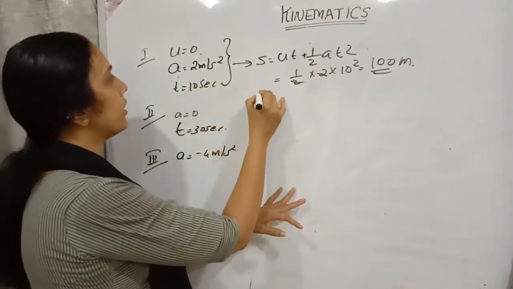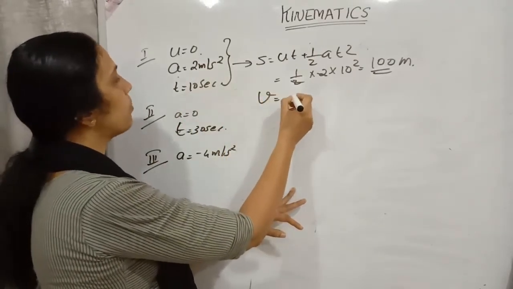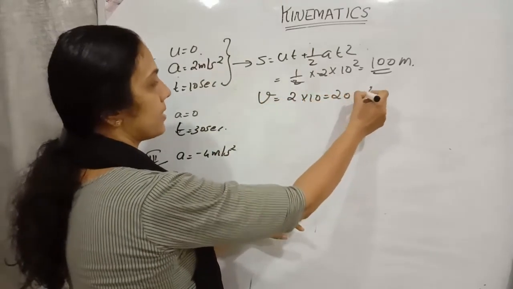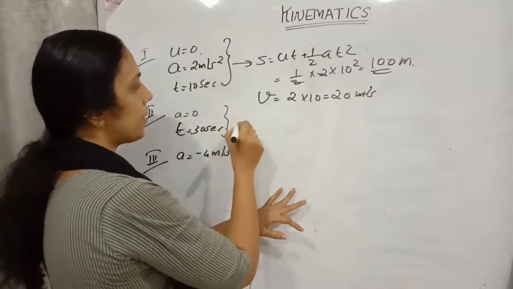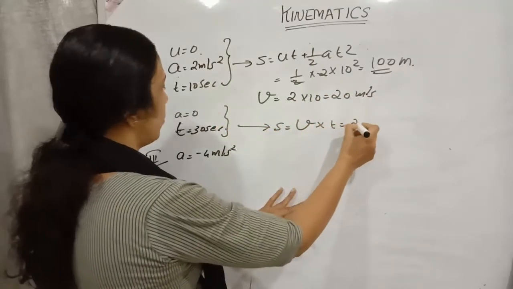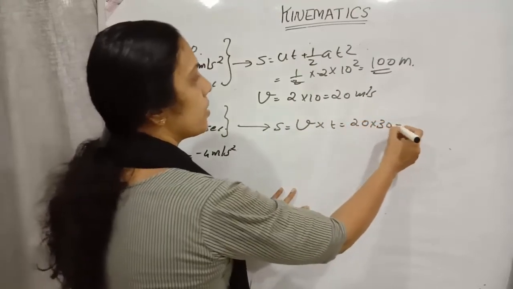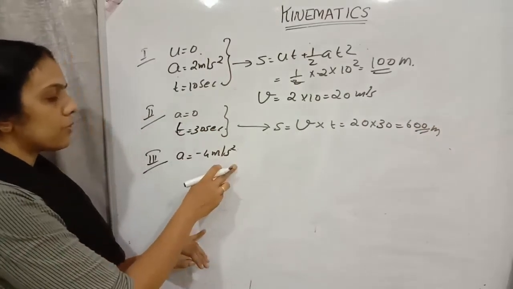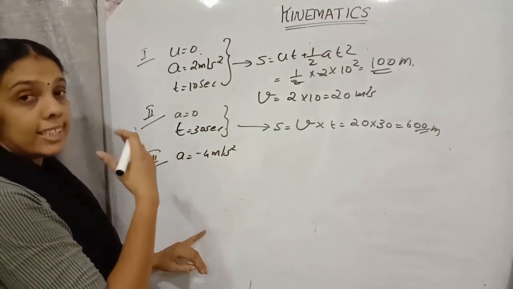So v equals u plus at, so 2 into 10, that is 20 meter per second. Next, the displacement s will be equal to velocity into time, therefore 20 into 30, so 600 meters.